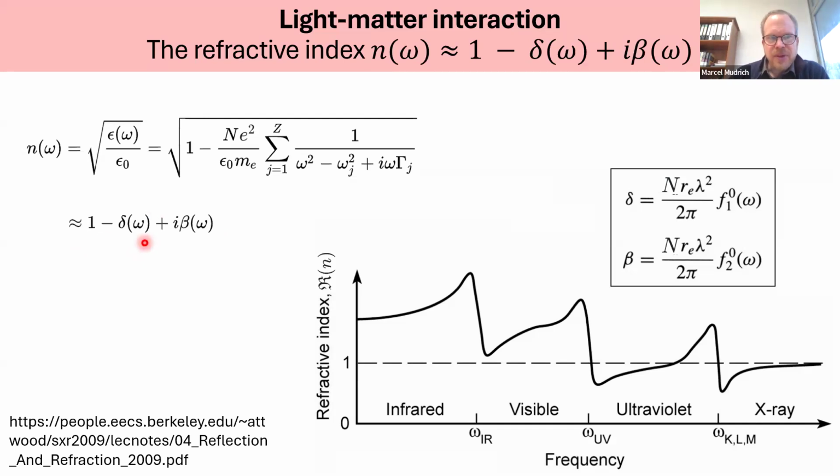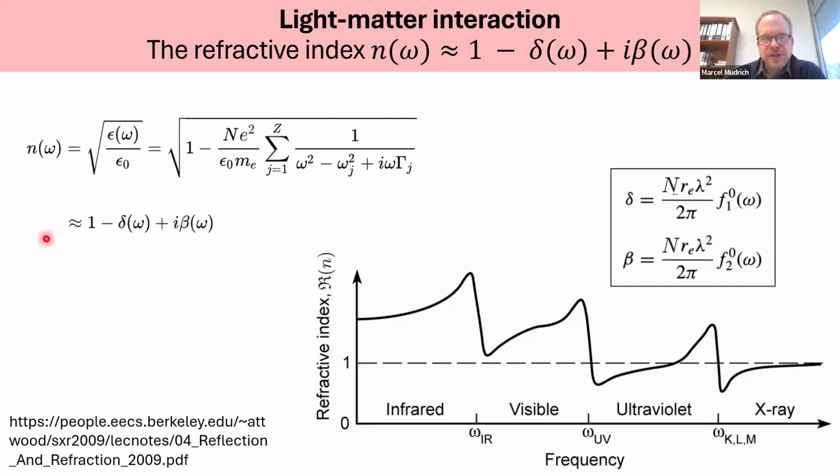That is the part that acts on the phase fronts, on the phases of the light, and is responsible for refraction, also reflection on dielectric interfaces or surfaces between dielectric media. But there's also an imaginary component, which leads to absorption and attenuation of the beam. This is probably quite well known to you in the visible range.